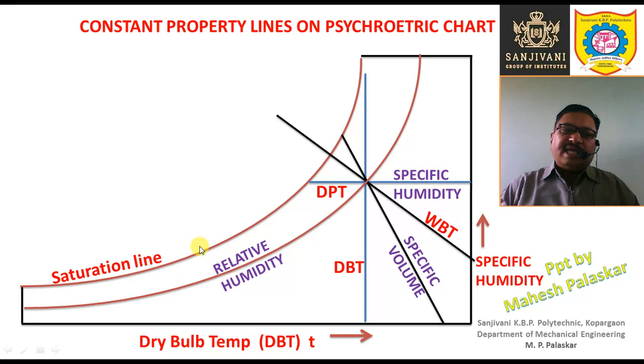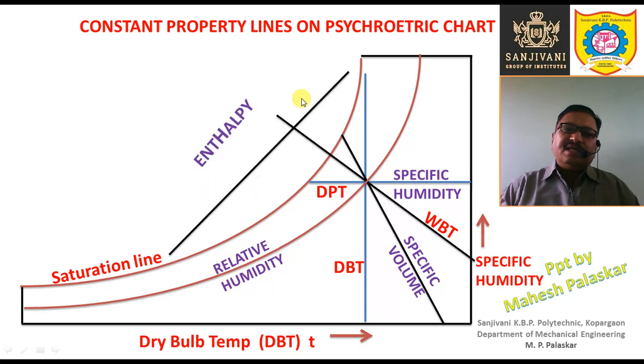So this is the saturation curve. Along this curve, the relative humidity is constant and equal to 100%. But along this curve, the relative humidity is constant but less than 100%. So this was the psychrometric chart, and here enthalpy is also shown. This is the enthalpy scale, right?